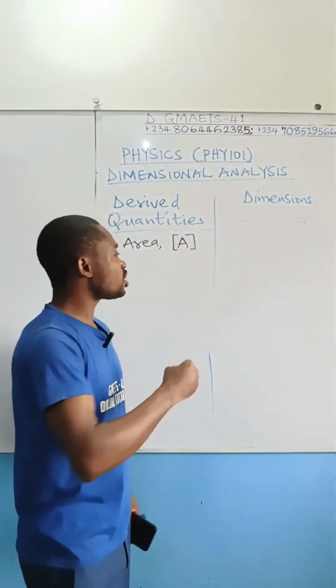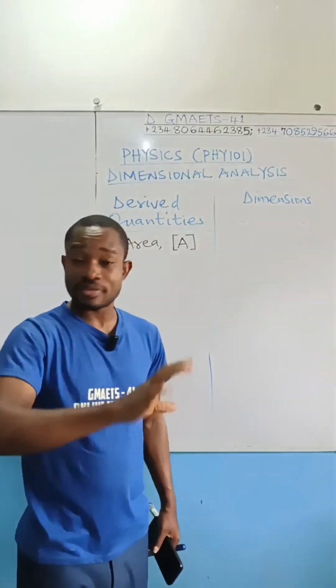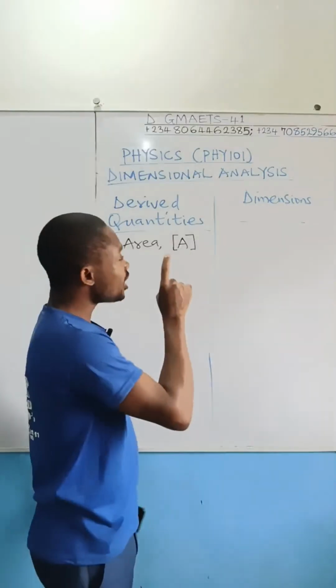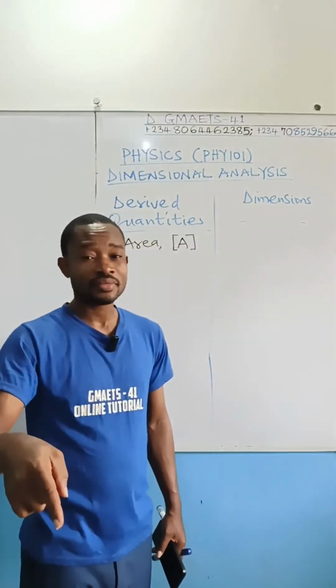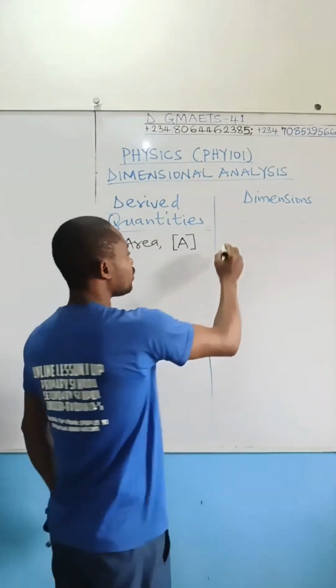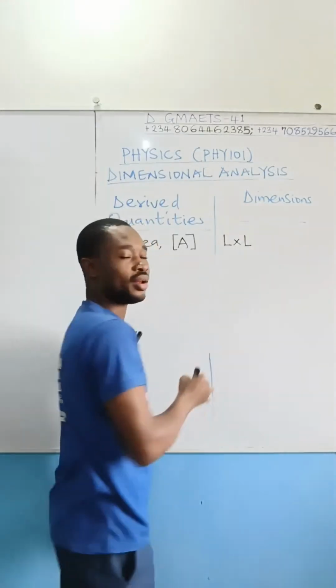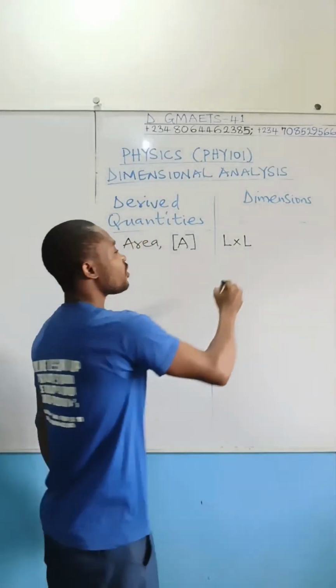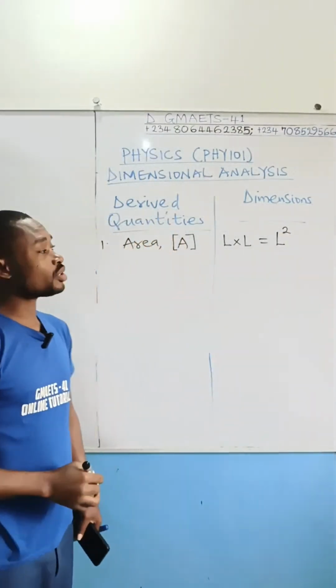So if the derivation of area is length times breadth generally, therefore the dimension is going to be the dimension of length and the dimension of breadth. And we know that the dimension of length is L, the dimension of breadth is also L. So that the dimension of area will now be length times length, which will give you length square, length raised to the power 2.